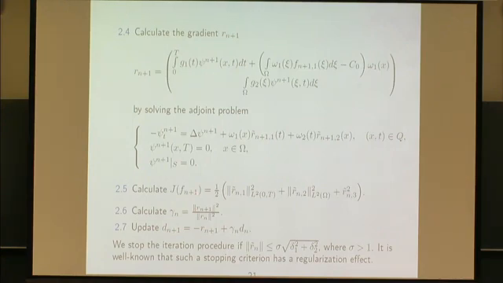And in this case, stopping the iterations at an appropriate threshold plays the role of the regularization parameter. And this is the classical discrepancy type, Morozov type discrepancy principle, where you stop the iterations at the level where the residual becomes less than or equal to the amount of noise with which the input data is being contaminated.